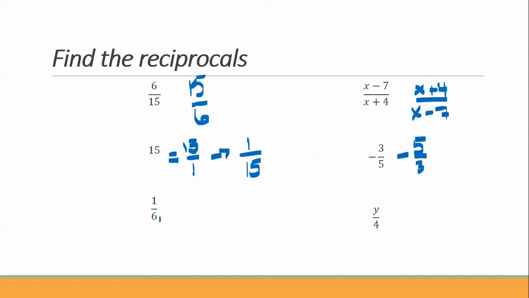The reciprocal of 1/6 is equal to 6 over 1, which is 6. The reciprocal of 1/6 is 6, not 6 over 1, because 6 over 1 is equal to 6. And the reciprocal of y over 4 is 4 over y.